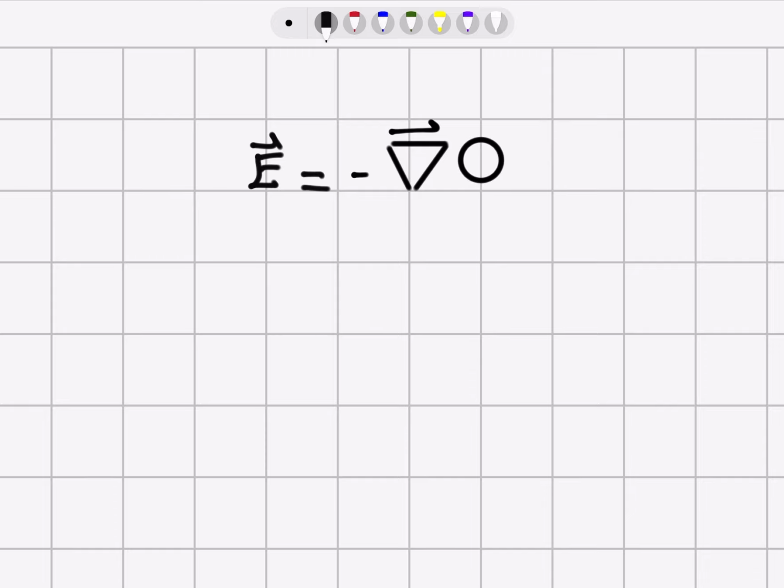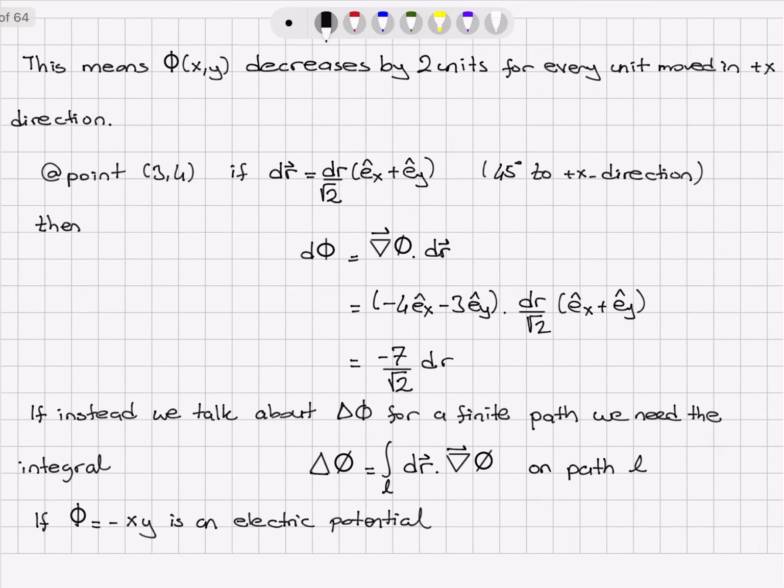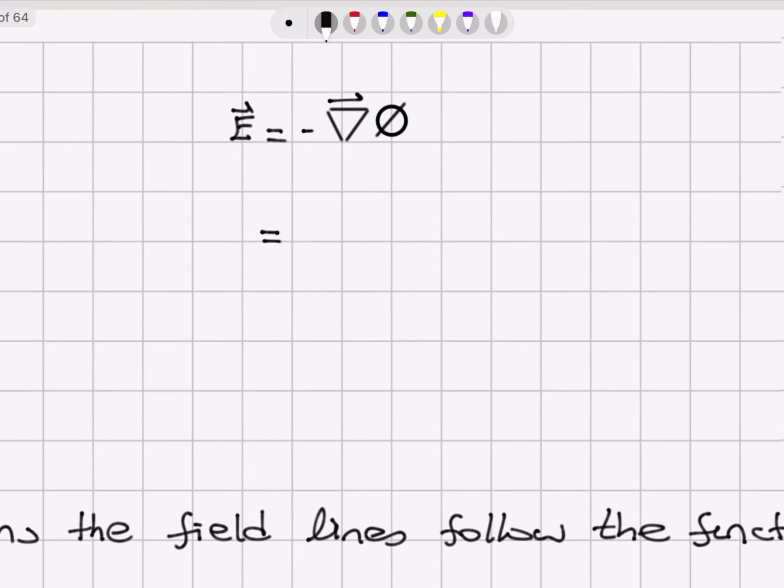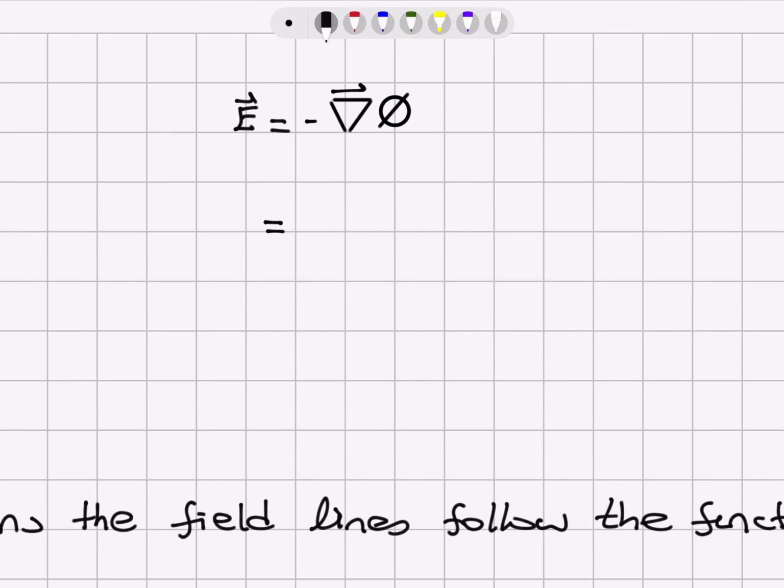Now, we can evaluate this. This is minus xy as the potential, so minus minus plus partial derivative gives us y ex hat, and then partial derivative with respect to y gives us x ey hat for the electric field.